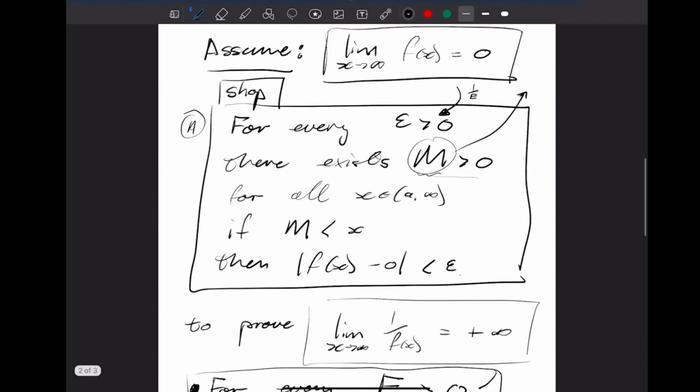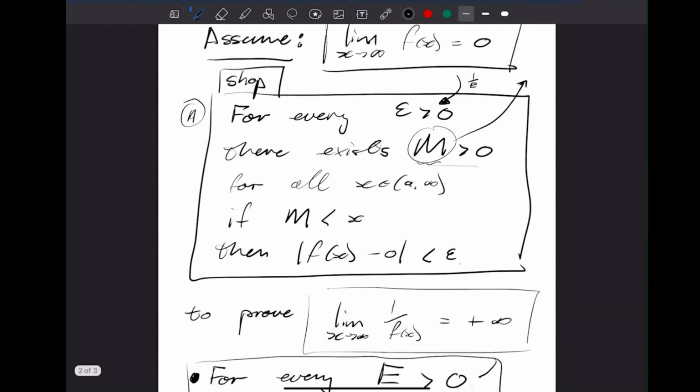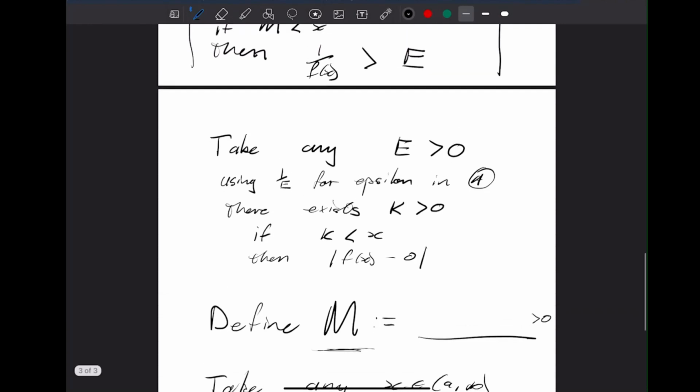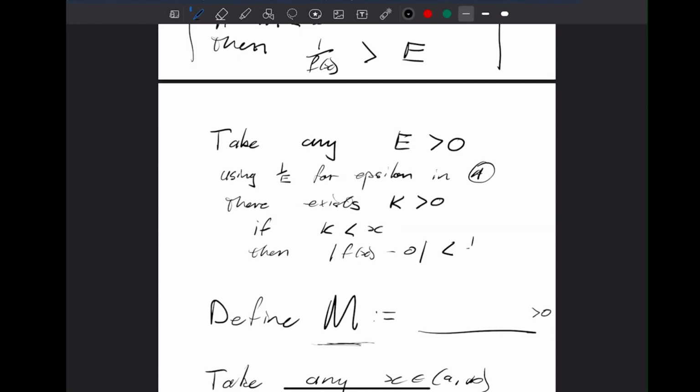So I'm just going to call it something else, put a different sticker on it. So there exists a k, so that if x is greater than k, then absolute value of f of x minus 0 is less than 1 over E.